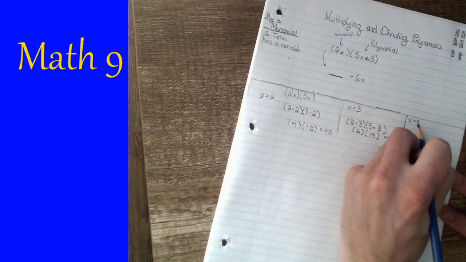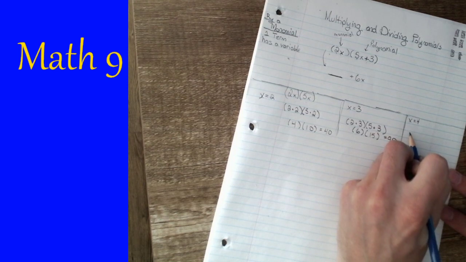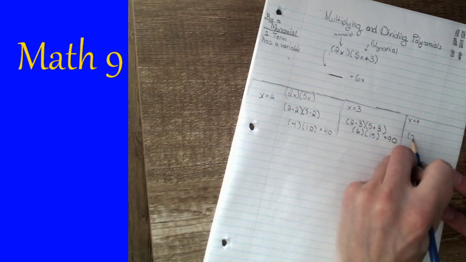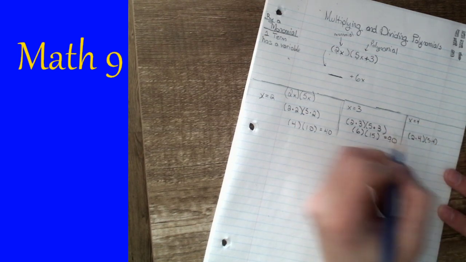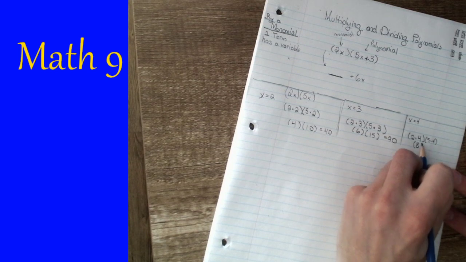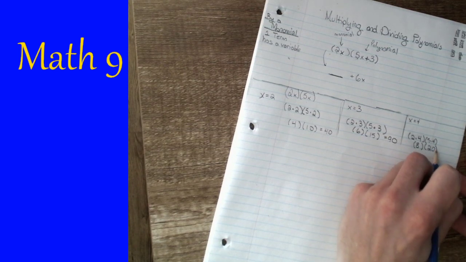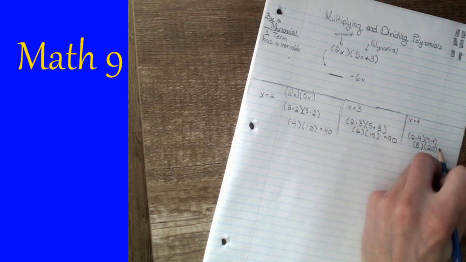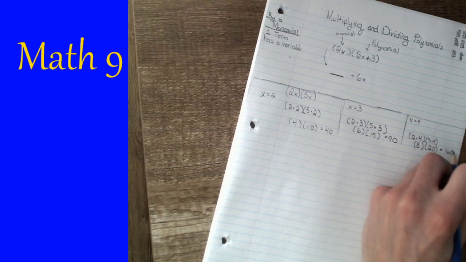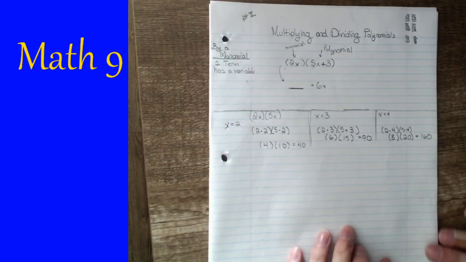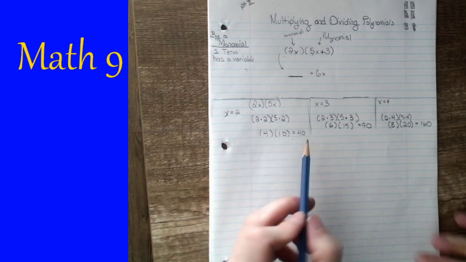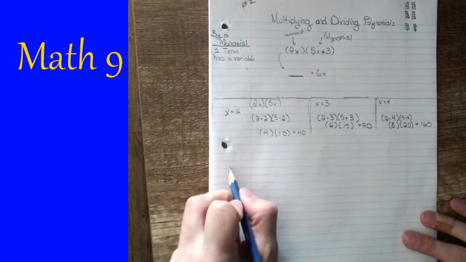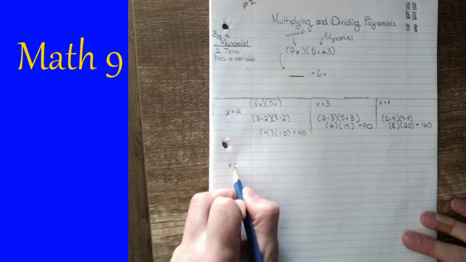Next, we'll do x is equal to 4. So we have 2 times 4 multiplied by 5 times 4. This is 8 multiplied by 20. So this is 160. Okay, we're going to keep going for a few more data points here.